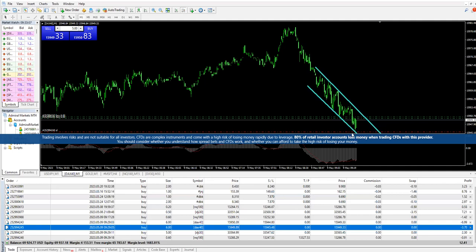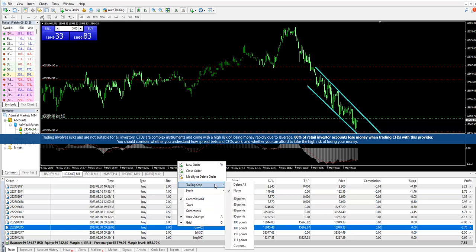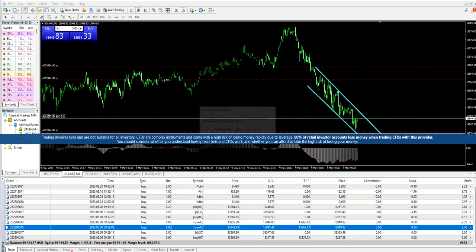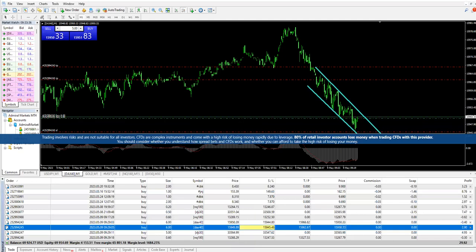Set the stop loss under this, and your potential loss will not be a big amount of money. If you cannot sit at your computer, you have to set the stop or the take profit level, something like this, or you can set a trailing stop, which can be, for example, 5 or 6 points, and that's all.